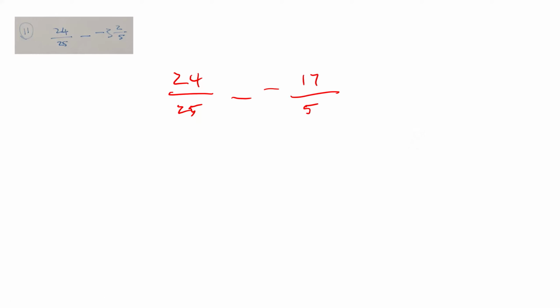But we can't do that. We need a common denominator. That 5, we're going to have to multiply it by 5. And whatever we do to the bottom, we have to do to the top as well. So 5 5s will give us that common denominator. There we go. And 17 5s, well, 7 5s are 35, and add that to 50 from the 10 5s, that's going to be 85.